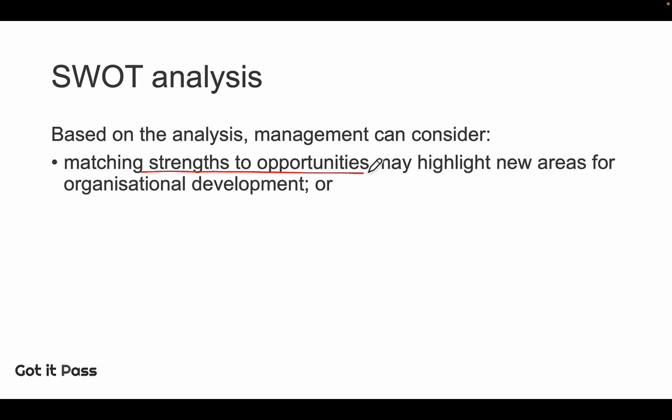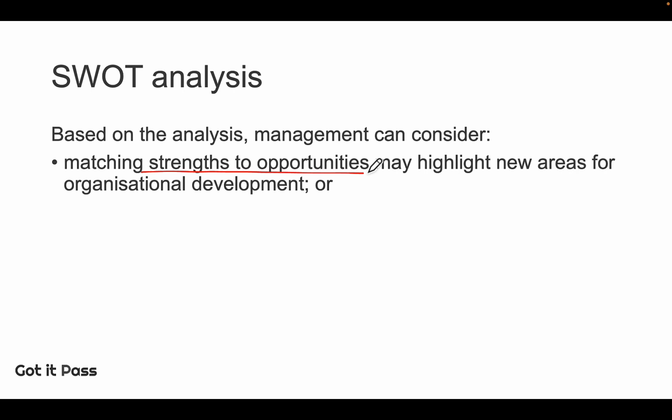So how to match the strengths and opportunities, and it can highlight new areas for an organization to develop. That means if there are outside opportunities, we can see whether our organization has the strength to grab the opportunity. If yes, then go for it, and the company can enjoy growth or development in that particular area.